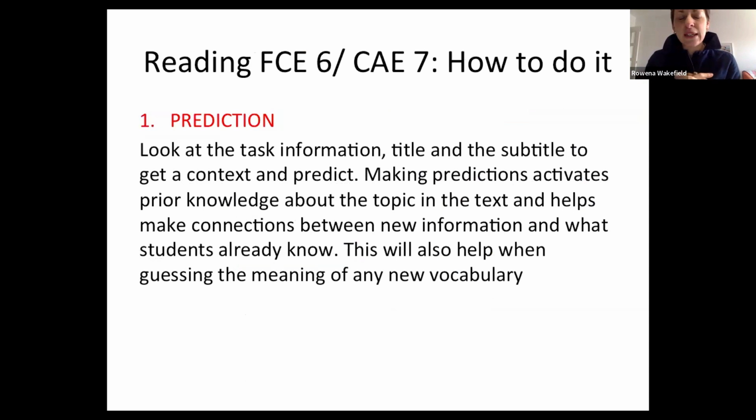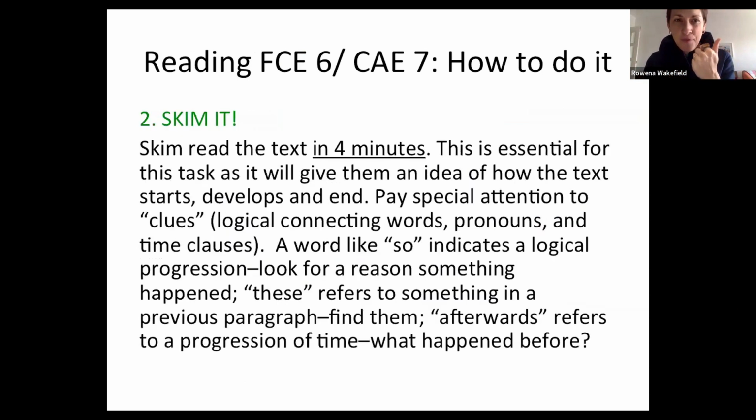So as always, with the strategy in general, we start with the prediction. We've already talked about this, so you know. And then they're going to skim it. But what I recommend, because as I just said, this part of the exam is about text development and the way the text is formed, it's really important that they understand this.